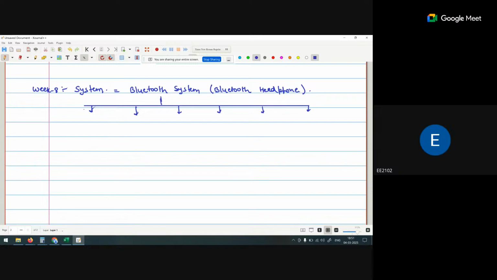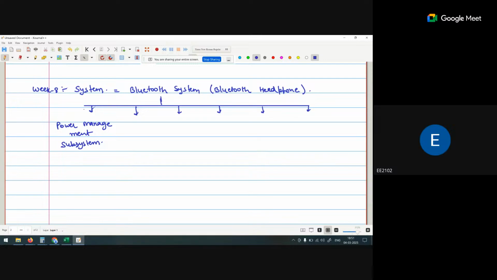Now what are these particular subsystems? The most important subsystem among them is the power management subsystem. That is very useful, very important.